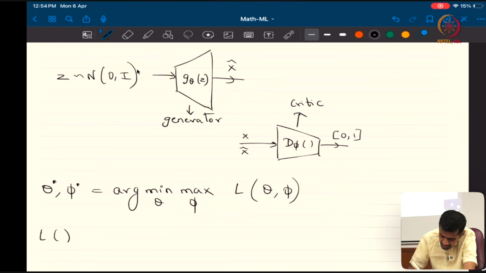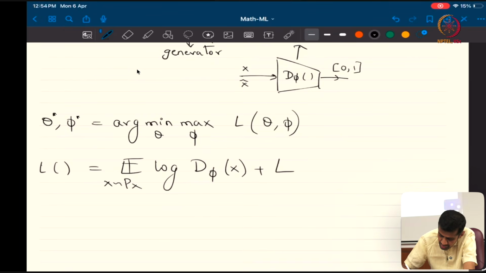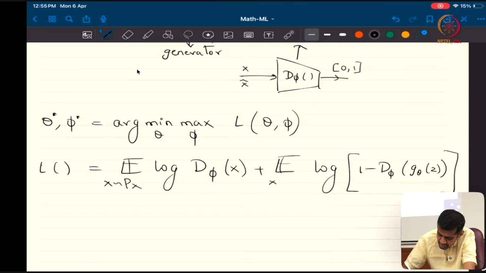L is equal to the expectation of log of d phi computed at x, where x is coming from px, plus expectation of log of 1 minus d phi computed at x cap, or let me write it as g theta of z, and this expectation is taken over x cap coming from p theta. This is the loss function, right.